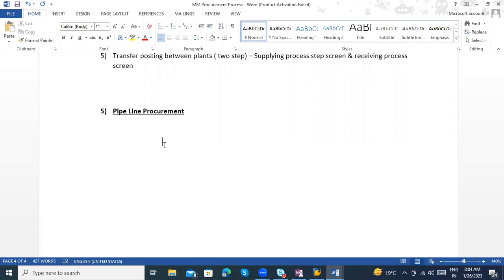So that's pipeline procurement: a continuous flow from the vendor location to my location through pipes. Whenever we require the product, we withdraw the stock, and we pay the amount to the vendor.